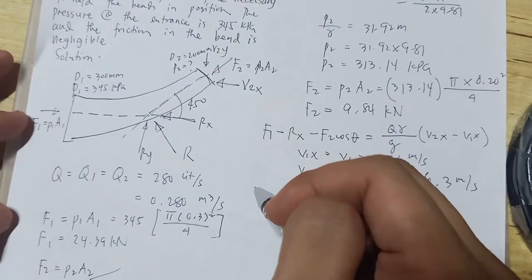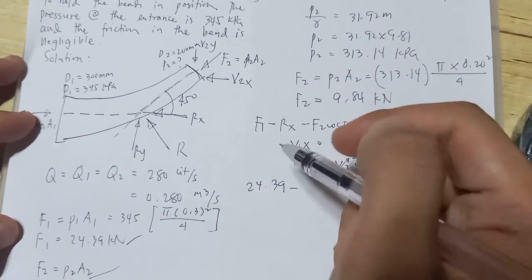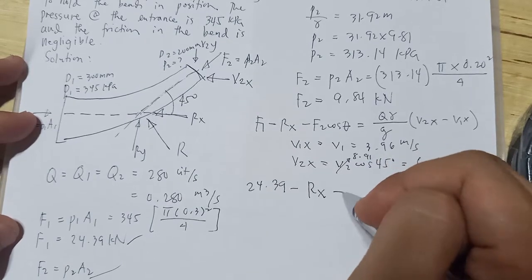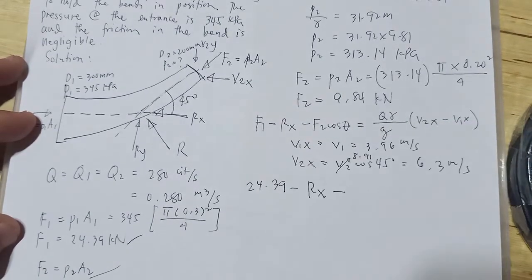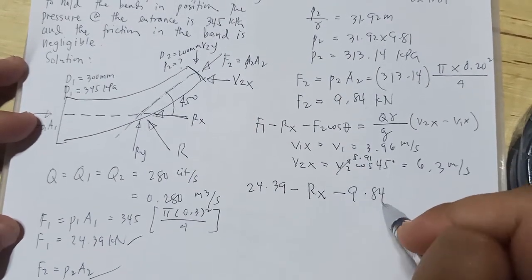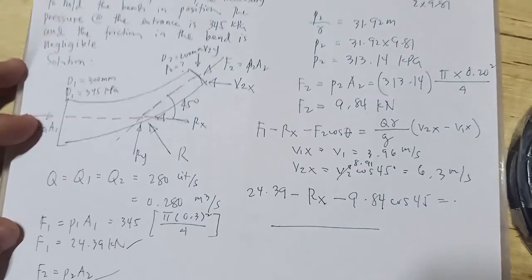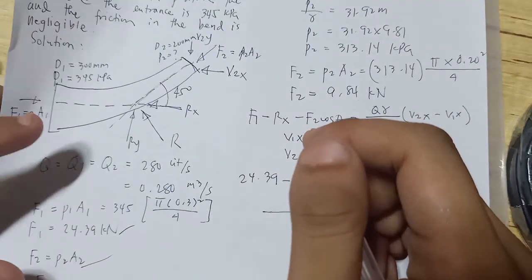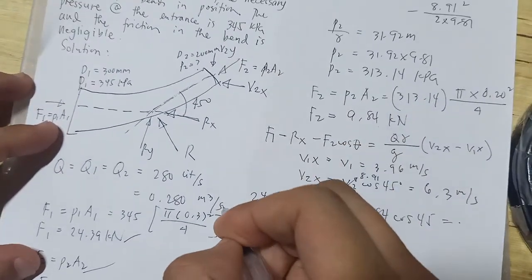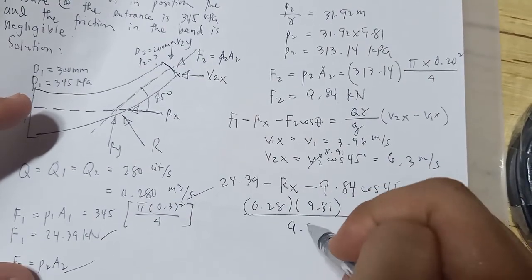So now F1, based on our solution, is 24.39 minus Rx, which is the unknown, minus F2. F2 is 9.84 times cosine 45 equals the discharge, 0.28, times gamma, which is 9.81 over 9.81, cancel.